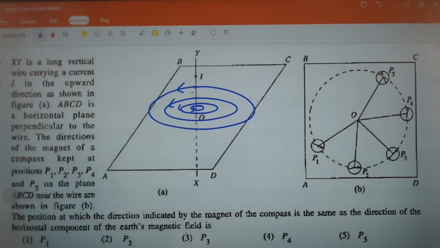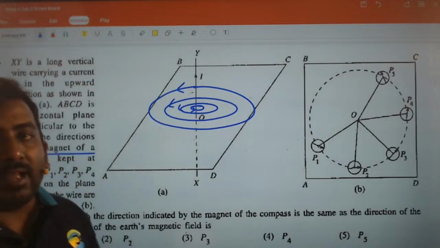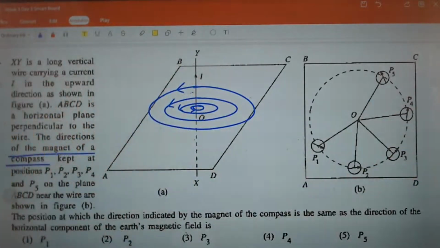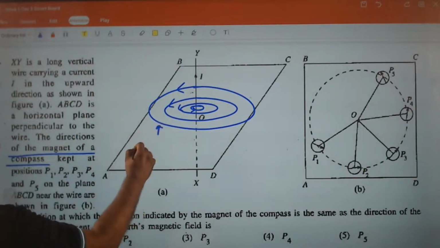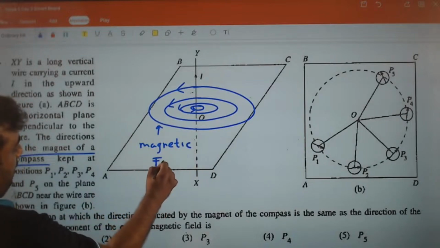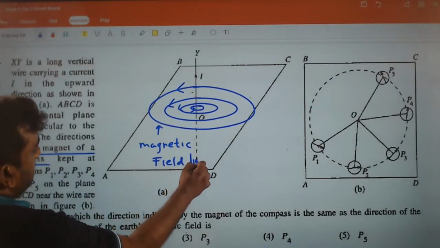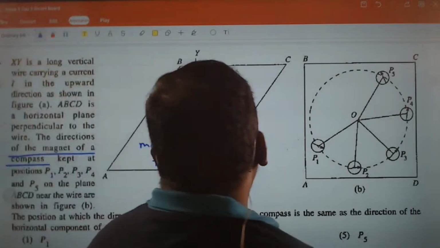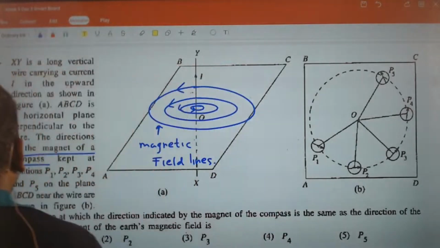ABCD is a horizontal plane, with directions of the magnet of the compass. What does the magnet give? The magnet gives you the tangent to the magnetic field line. These are magnetic field lines. So what does it give you? It gives you the tangent. But be careful.